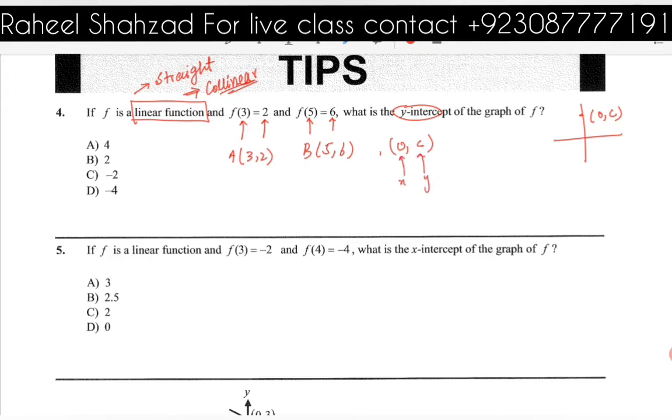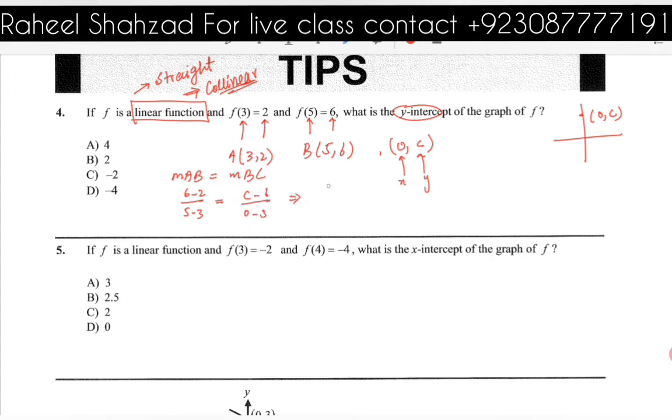So if this is a linear function and these points are lying on one straight line, then the gradient of AB is equal to the gradient of BC. So the gradient of AB is going to be (6 minus 2) divided by (5 minus 3), that is equal to (c minus 6) divided by (0 minus 5).